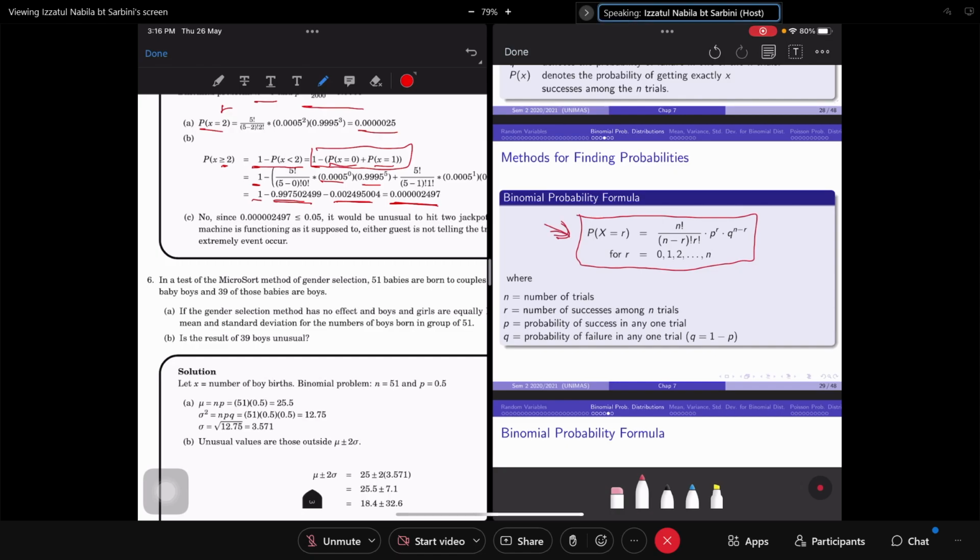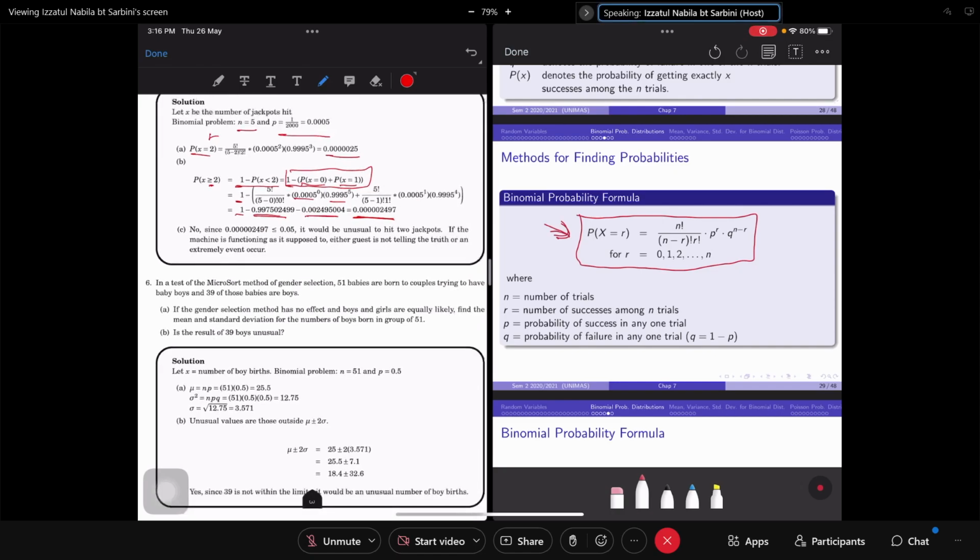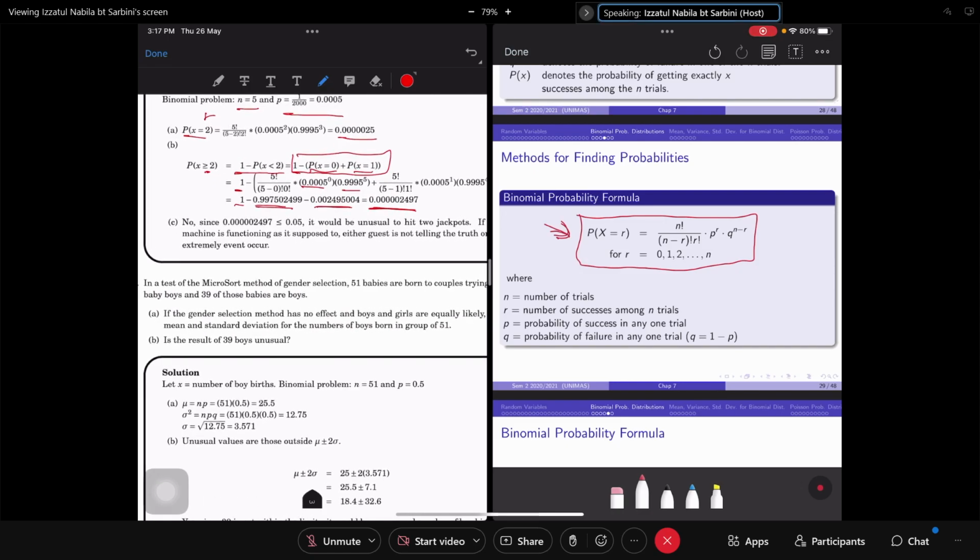It will be unusual to hit two jackpots if the machine is functioning as it's supposed to. Either the guest is not telling the truth or it is really an extremely rare event. Okay. So whenever you want to check the unusual and usual part, you have to compare with 0.05.